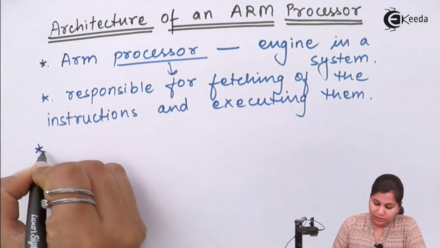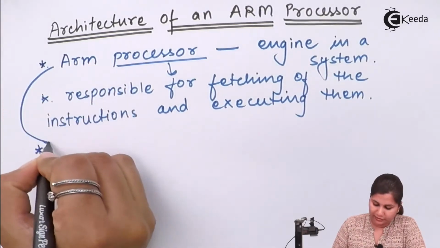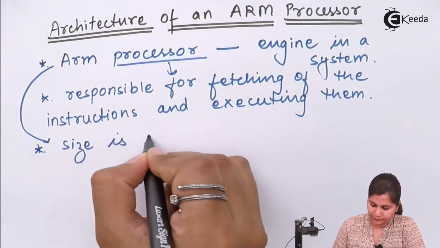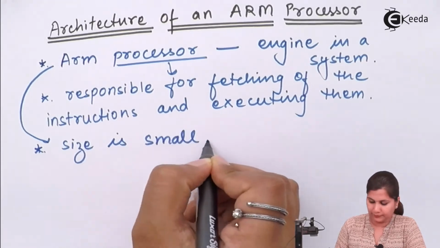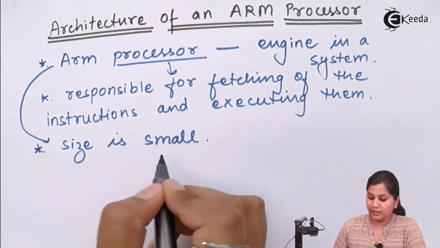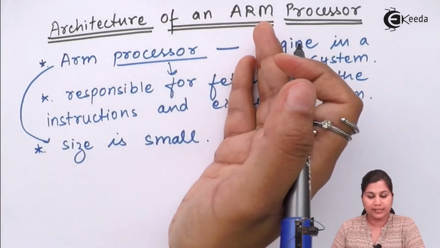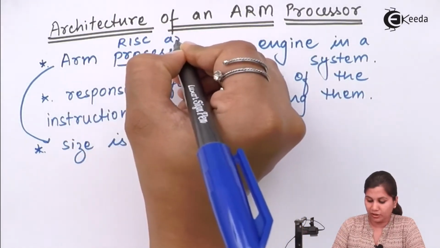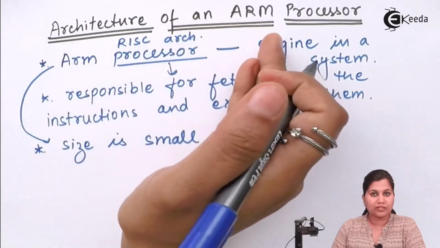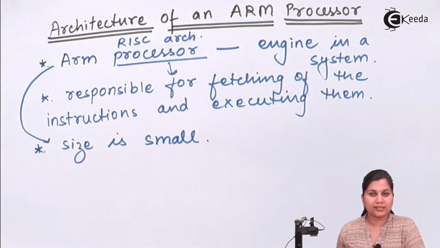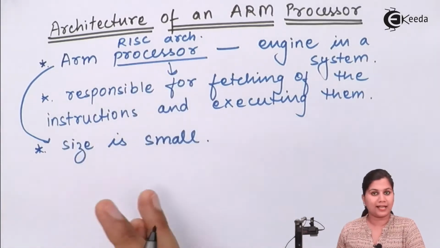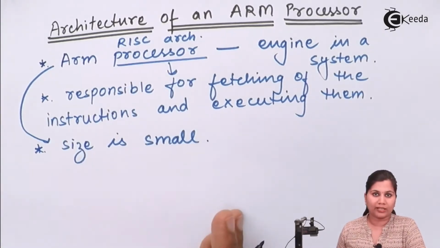Now if we talk about the size of the ARM processor, then its size is small, because a less number of instructions are present in it, as they are based on the RISC architecture. Less number of instructions means fewer transistors are required in the chip, and fewer transistors means the size of the IC is also very small.